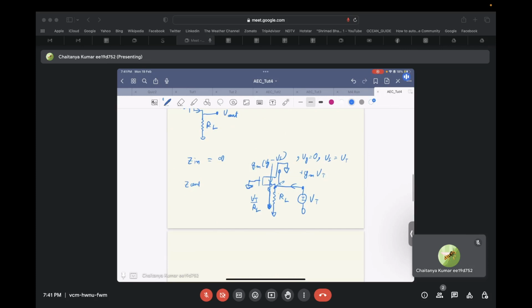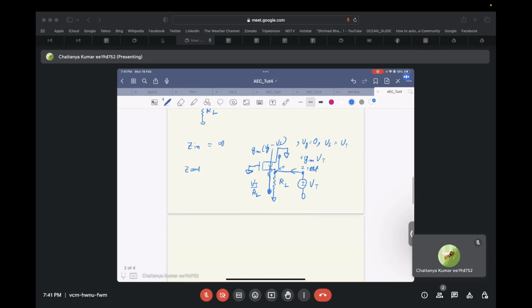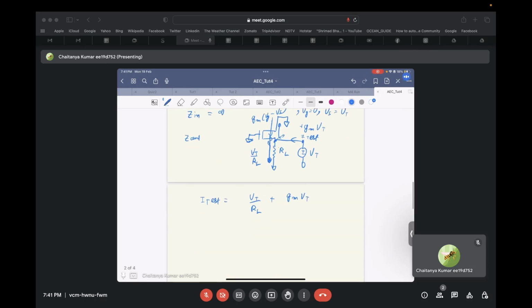So the total current I test will be equal to Vt by RL plus Gm Vt. That implies Vt comes out as common, 1 plus Gm RL, divided by RL.